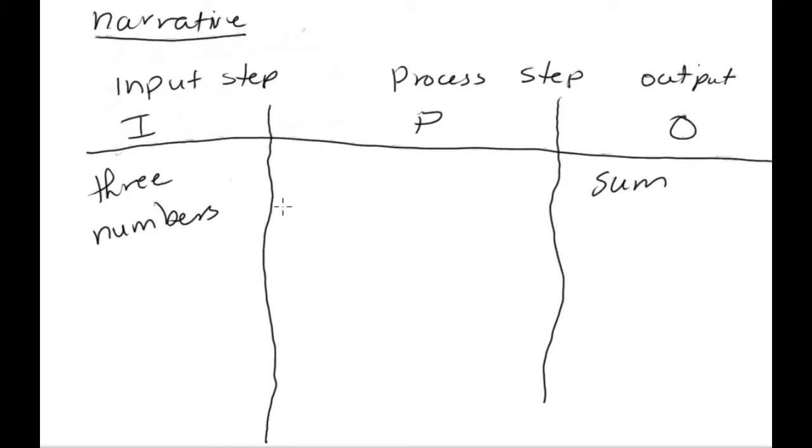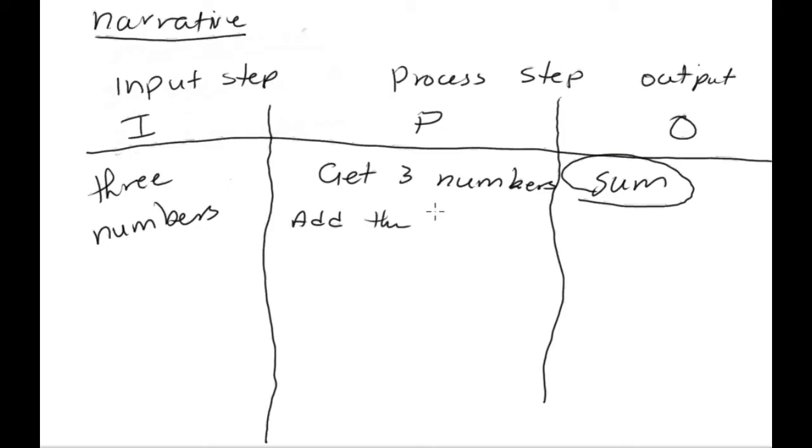Okay? Now we're going to fill in the process step. Now you need to think, what do I need to do with these three numbers in order to get to this section, the output? Well, first, I need to get the three numbers or accept them. Then I need to add the three numbers.